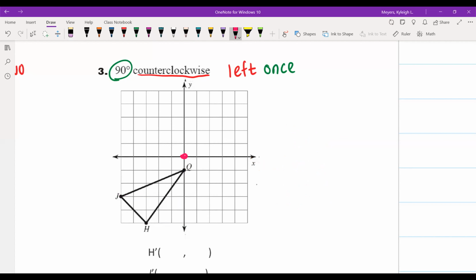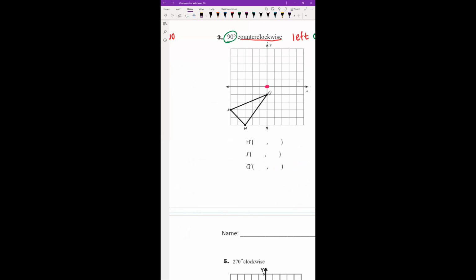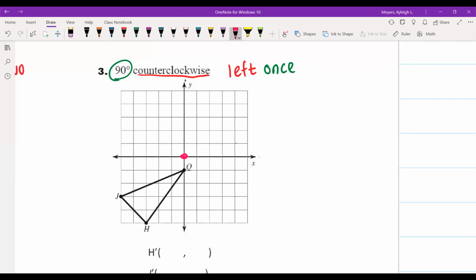Okay, left means that X is up, right? Okay, hold on. Okay, so I go to the left finger. Now I figure out what I move my Q. Now my Q is to the right 1. So if you're not good at your left and your rights, like me, this is going to be awful for you.